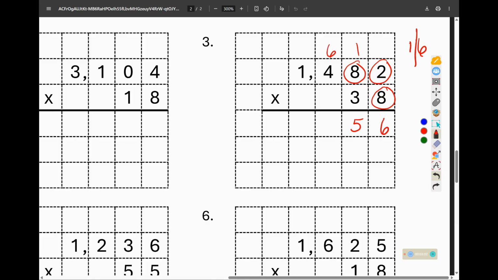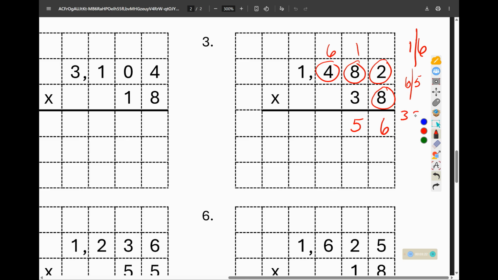Again, be very careful. If you have to, write it down and then split it. On the right is the 5, on the left is the 6. 8 times 4 is 32, plus 6 is 38.